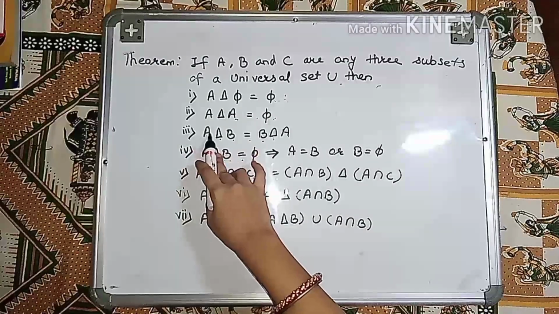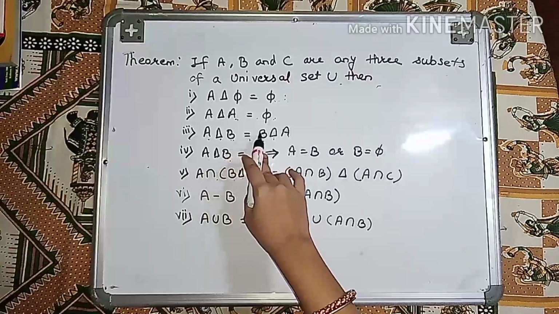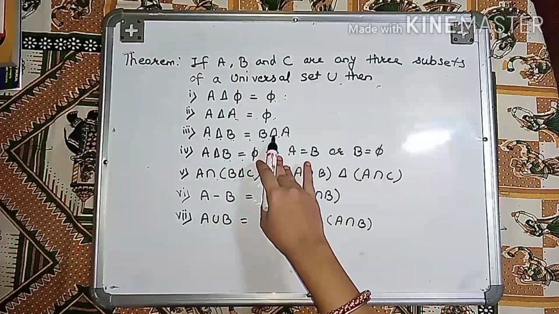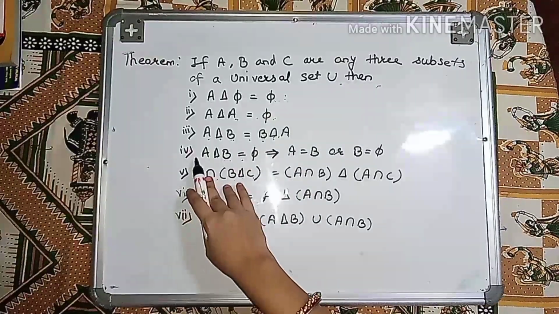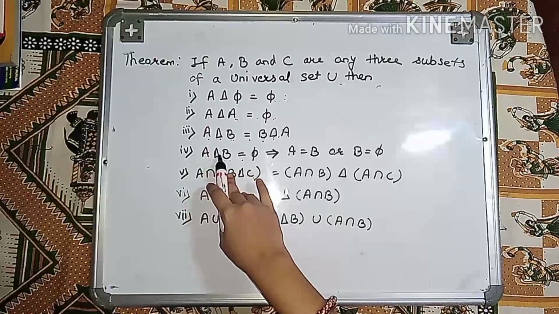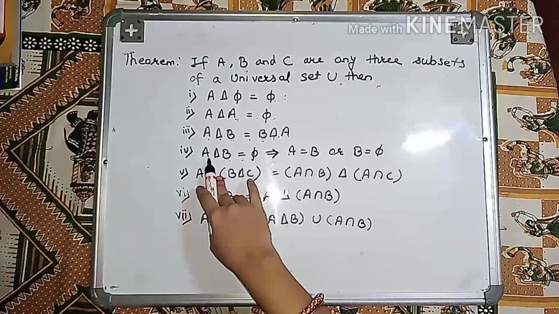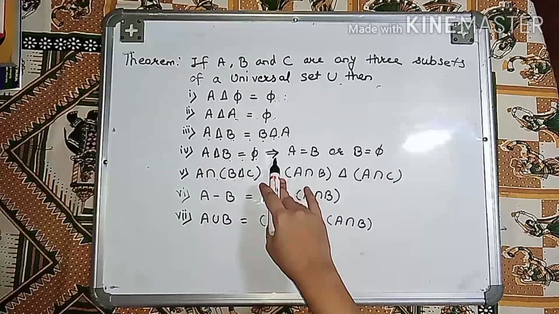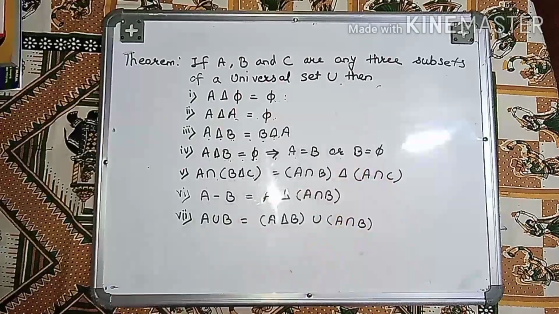Third, A delta B is equal to B delta A. This means that delta, or symmetric difference, is commutative. Next, if A delta B is phi, it means A symmetric difference B is equal to phi. This implies that either A is equal to B or B is equal to phi.